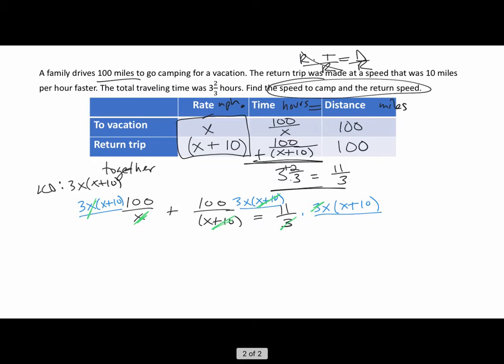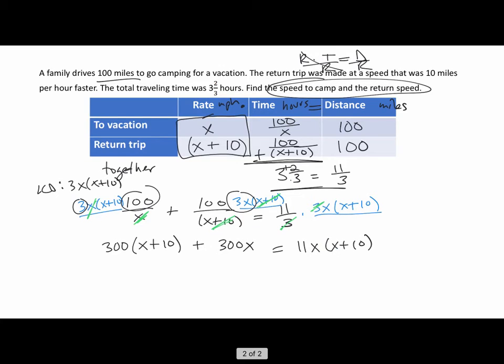And let's see what's left in the equation. So for the first term, 3 times 100 is 300 times x plus 10. For that second term, 3 times 100 is 300 times x. And on the right side, 11 times x plus 10.